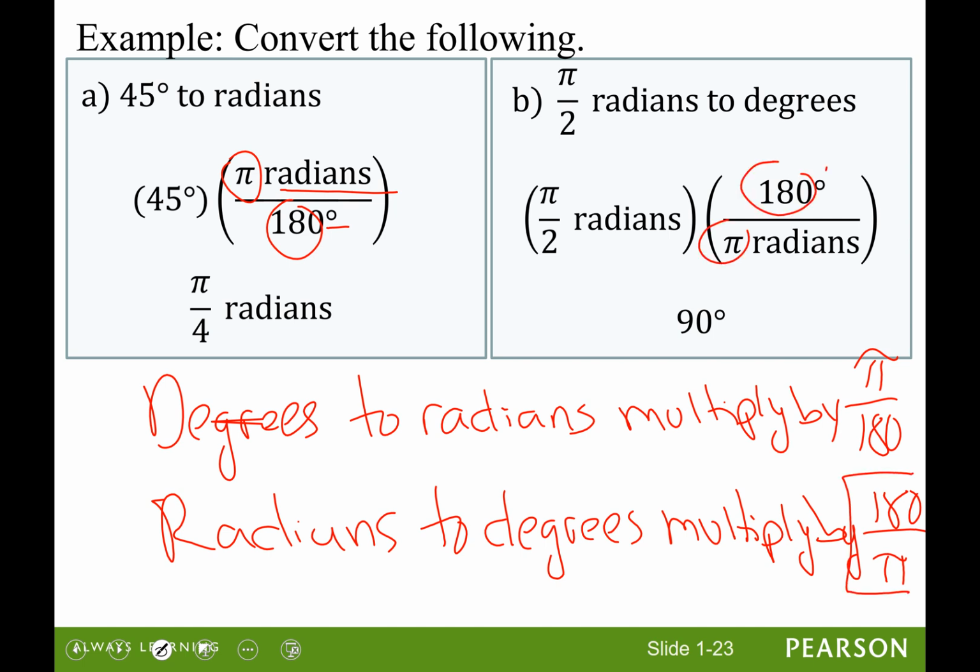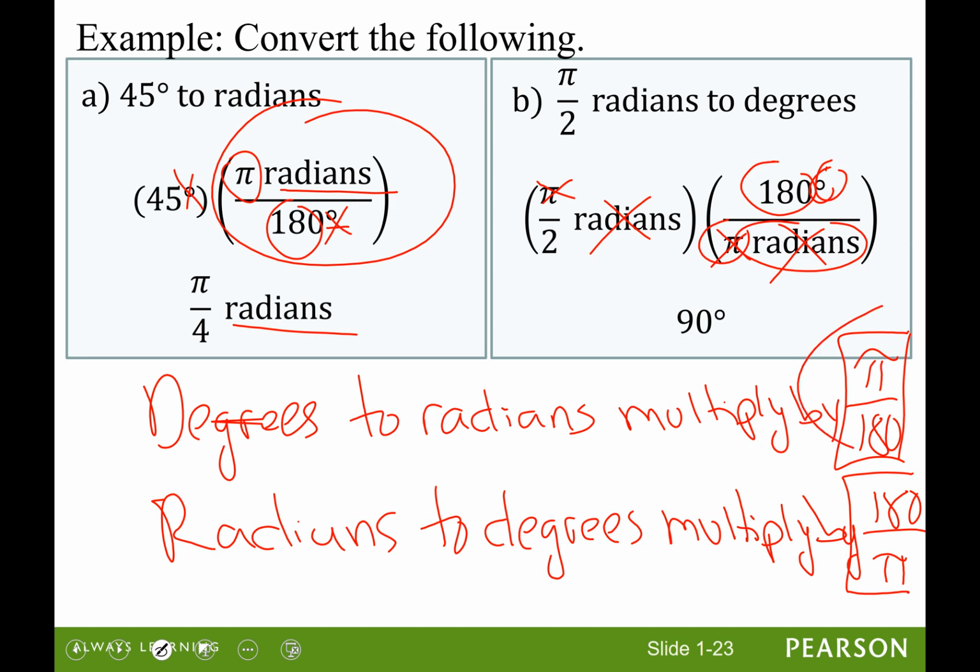I just left off the degrees and the radians, which is simpler, yes, but it can also be risky writing stuff without the units, because the units are really what help us see the cancellation of degrees and being left behind with radians, or the cancellation of pi radians and being left behind with degrees. So either way, do which way you feel most comfortable with. They're the same thing. It's just this one wrote the units and this one does not.